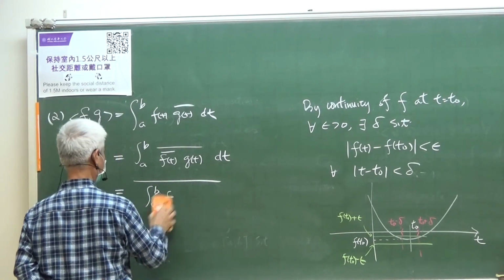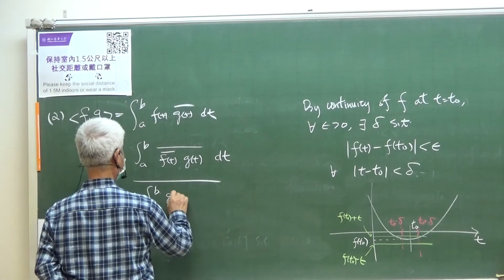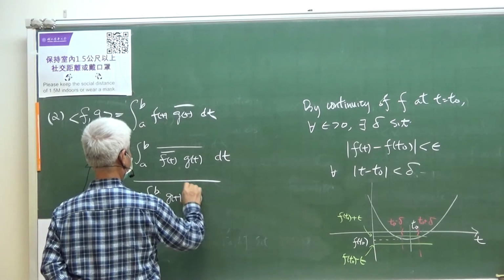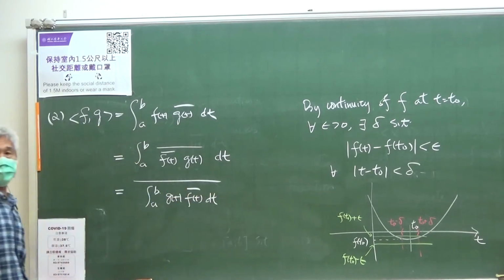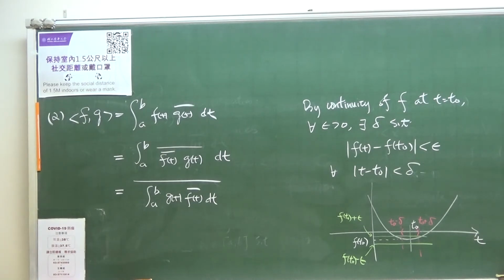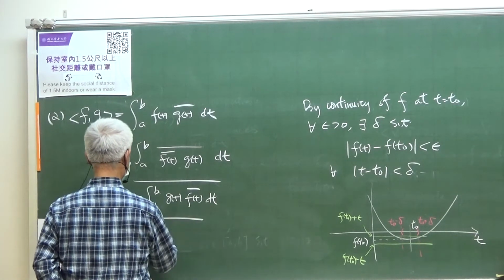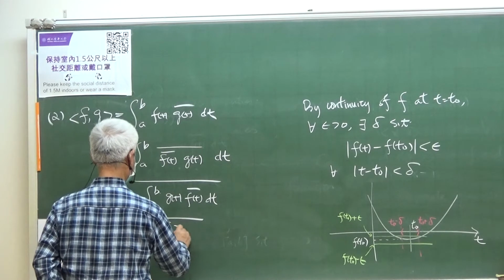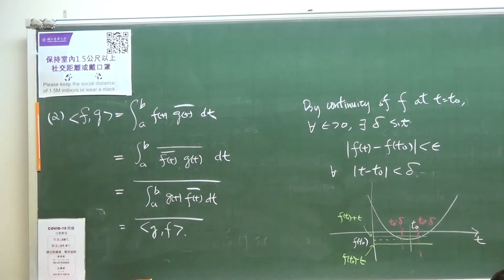So we will have g of t and f of t bar. Okay? So we have the conjugate symmetric property.